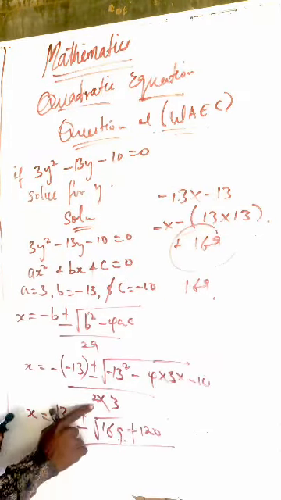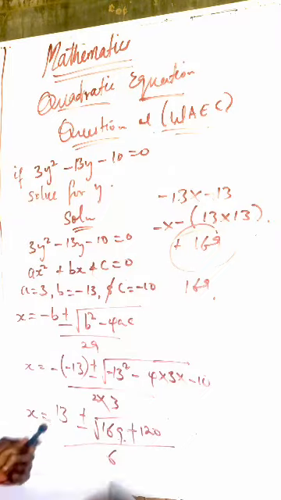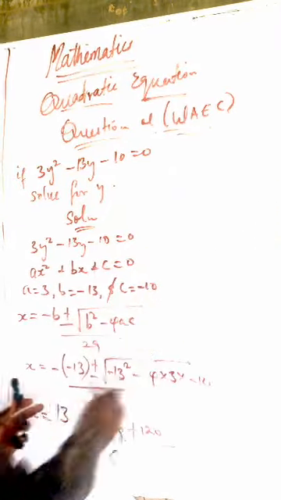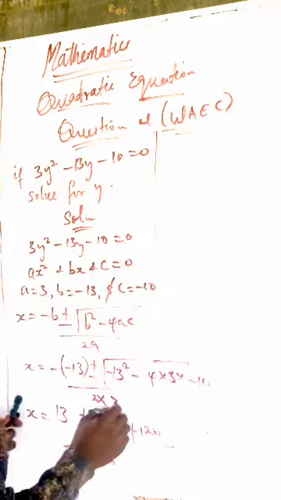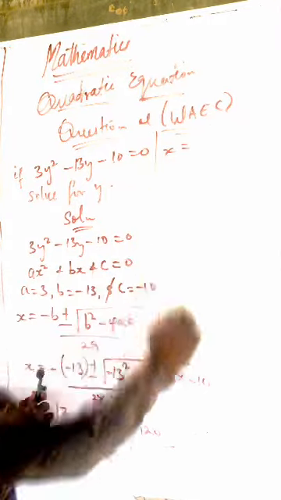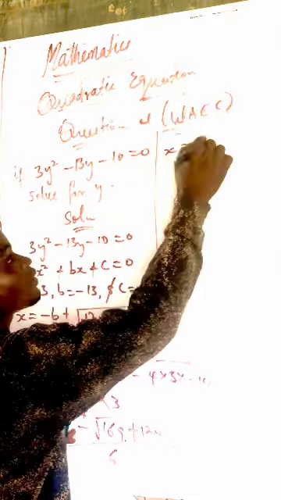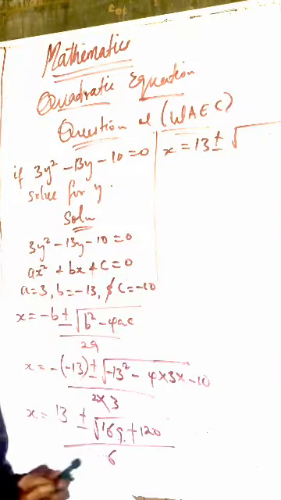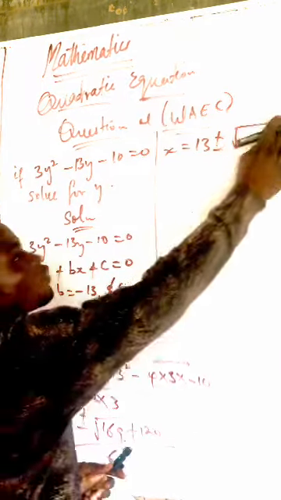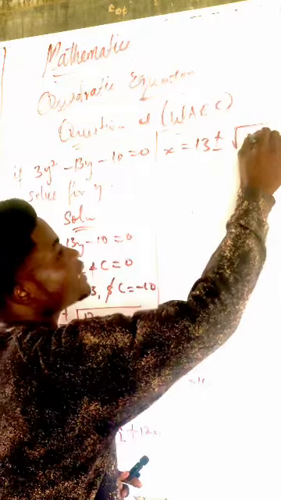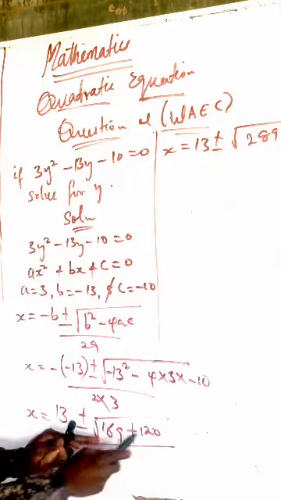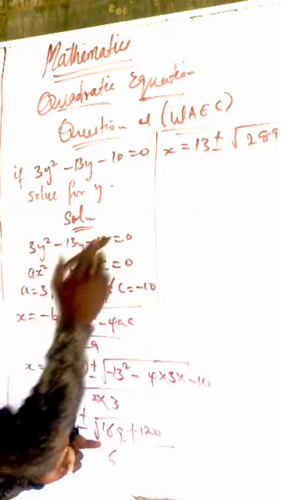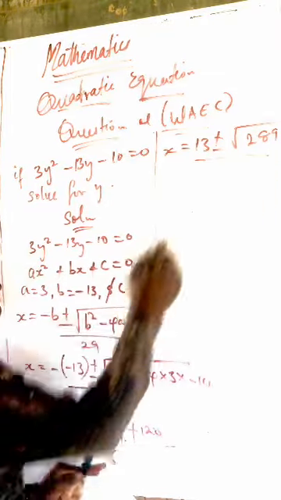All this value over 2 times 3, which is 6. So in continuation, x is equivalent to 13 plus or minus the square root of 169 plus 120, which is 289: 0 plus 9 is 9, 2 plus 6 is 8, 1 plus 1 is 2. All this value over 6.